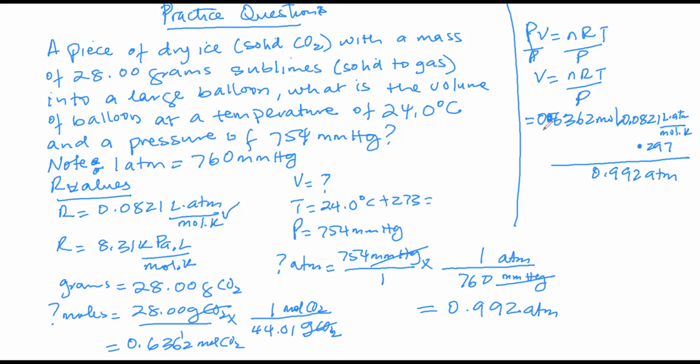This is n, 0.6362 mole we calculated here. Then times the gas constant R, we are using liter atmosphere per mole Kelvin. Then times the temperature in Kelvin, which we calculated is 297 Kelvin. This is a mess, but we have to manage it.